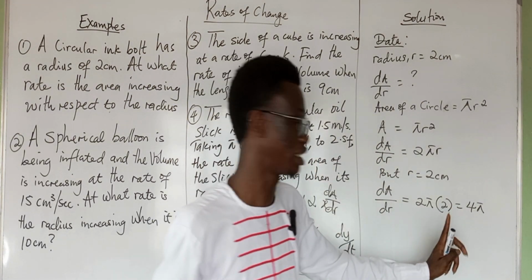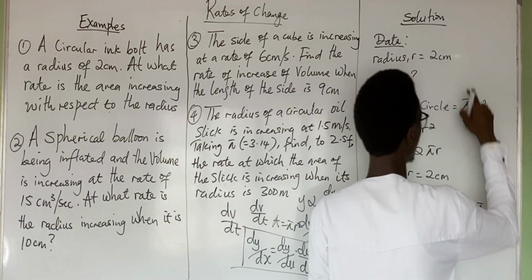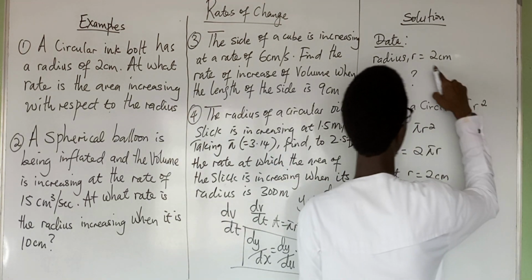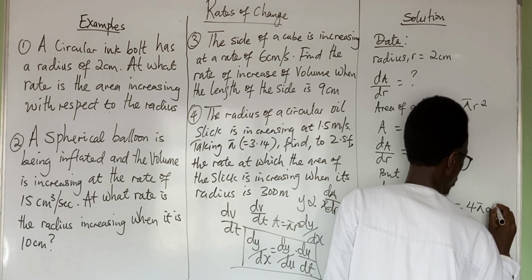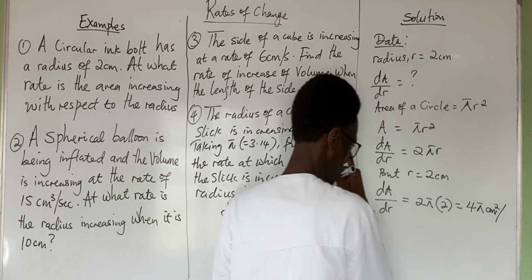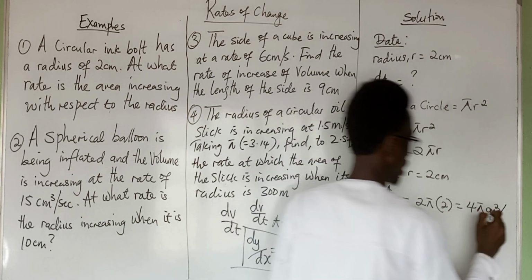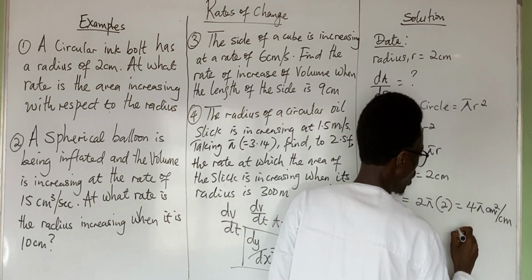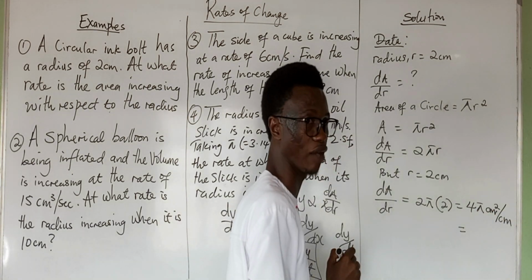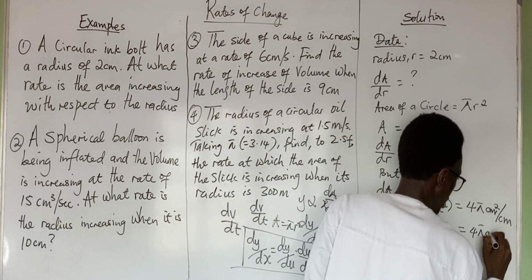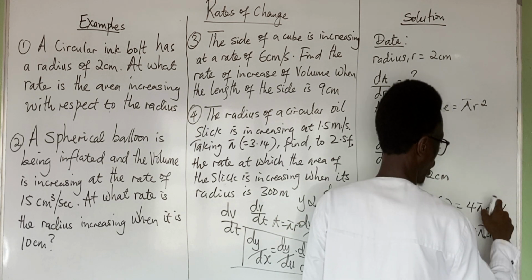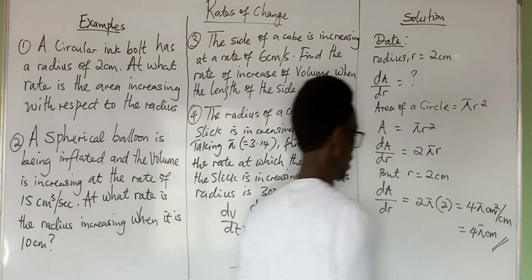And we have to put the units. Area is mentioned in what? Since the radius is given in centimeter here, area has to be measured in centimeters square, and the radius is centimeter. So at the end of the day, this is going to be 4 pi centimeter, because you are going to divide centimeter square by centimeter.